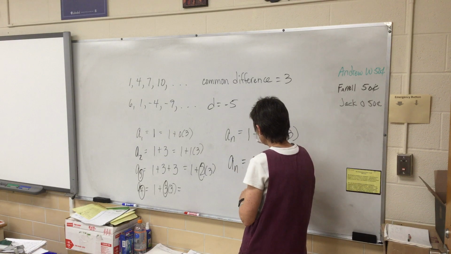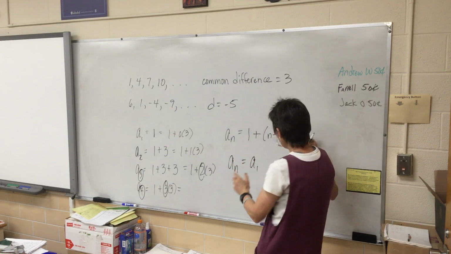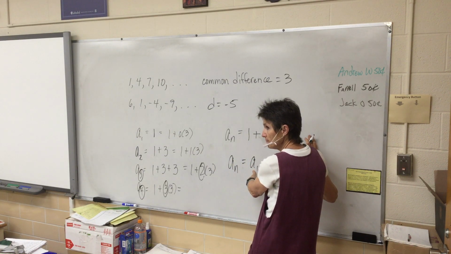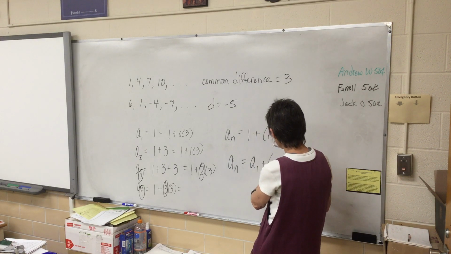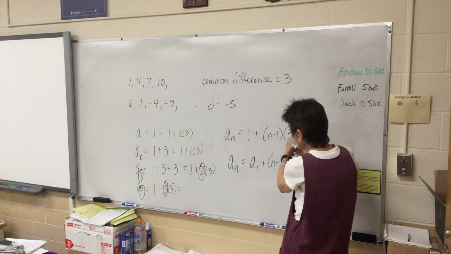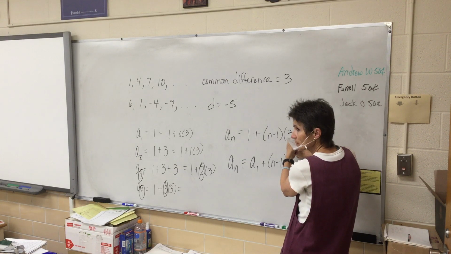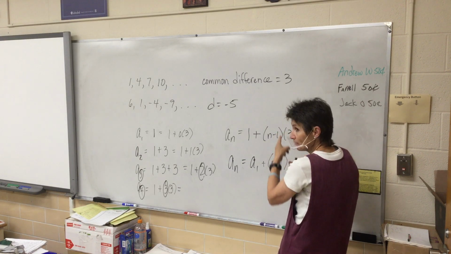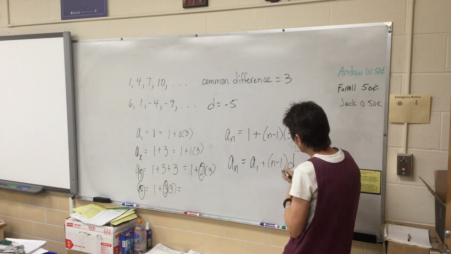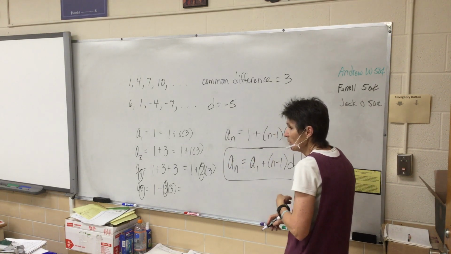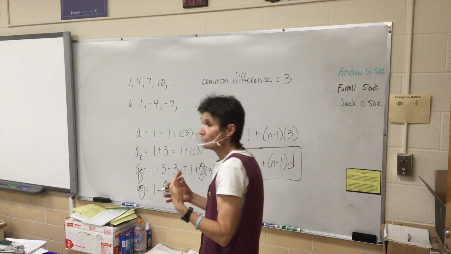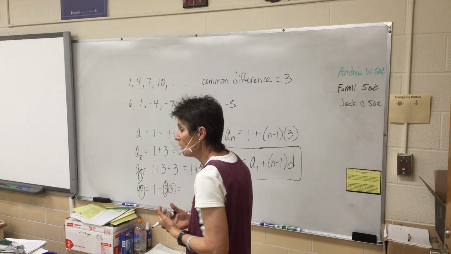The first term. So in general, I'm going to take my first term, and I'm going to add n minus 1. Now what's the 3? Where did that come from? That's your common difference, right? So I'll call it D. There is the formula that will find whatever term of the sequence you want.